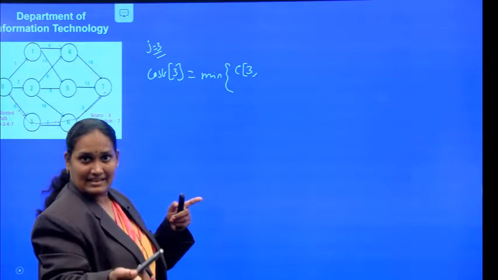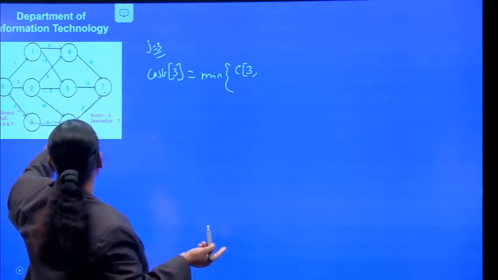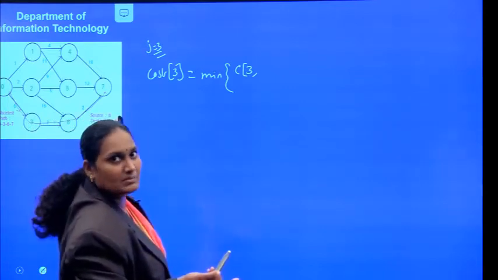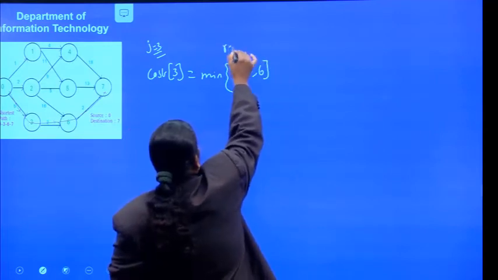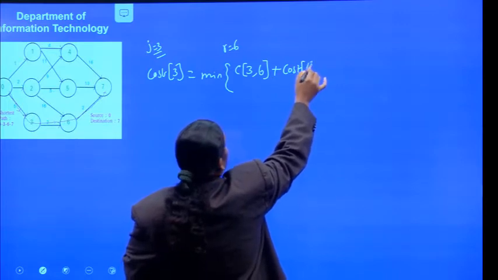What is the vertex in the next stage? Let us observe. Here if I take 3, 3 is connected with only one vertex in the next stage, which is nothing but 6. So here I am taking R as 6. Here R is 6, plus cost of 6.